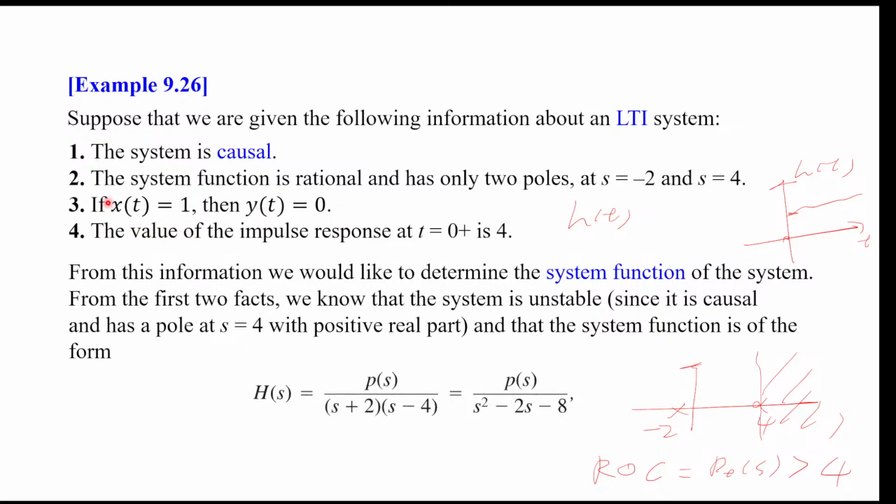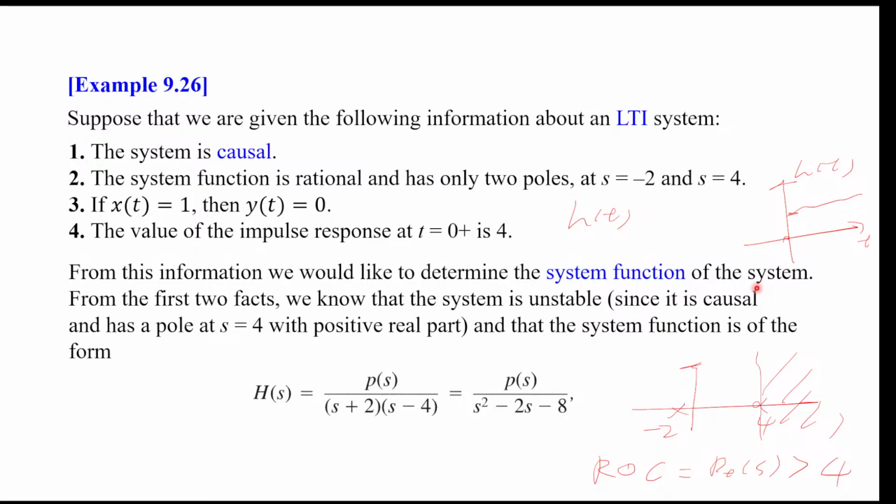The input is x of t equal to 1, and the output is y of t equal to 0. And this one says that the value of the impulse response at t equal to 0 plus is 4. So h of t at 0 plus is 4. With this we want to solve for the system function, that is H of s.